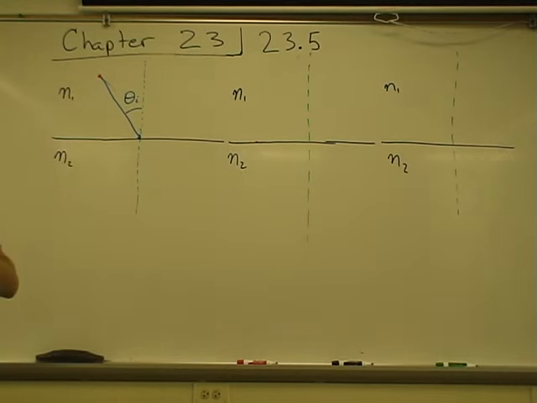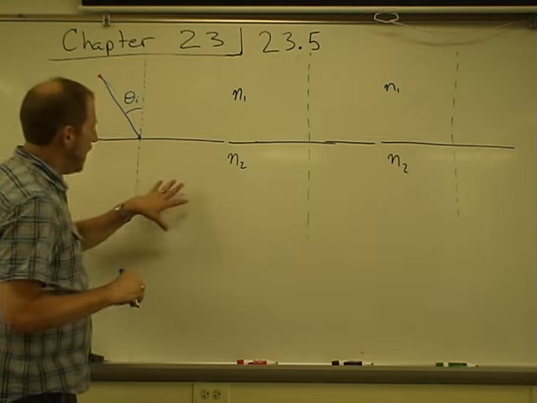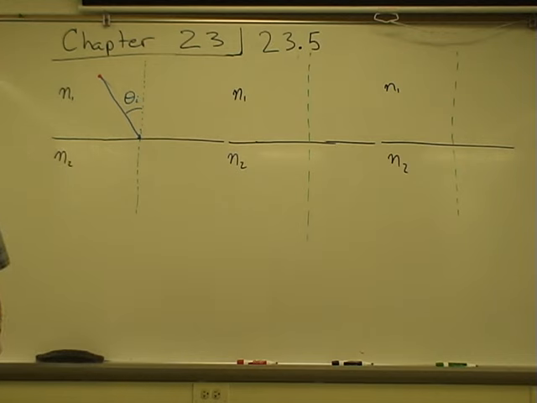Now, find out what happens if I have some other point in the second medium that I'm defining. It's like, how does the light get from point A to point B?